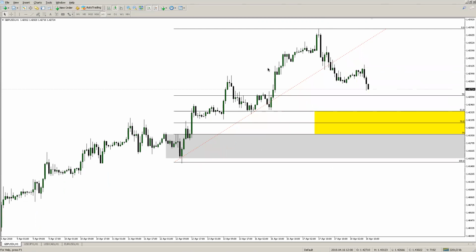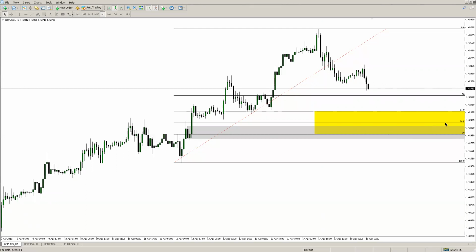All right, so on an hourly time frame, I'm going to adjust this gray box to this candle here now. This candle is an hourly ICT bullish order block aligning with the 70.5, 79 retracement level.